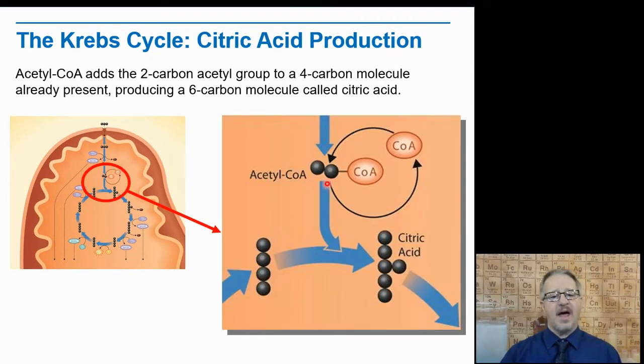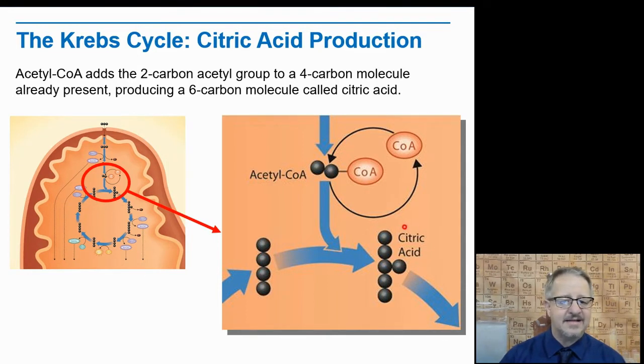Now, the acetyl-CoA is still a 2 carbon molecule, but it has a coenzyme A attached to it. That's going to enable this acetyl-CoA to attach to this 4 carbon molecule. And that molecule is now going to be known as citric acid.